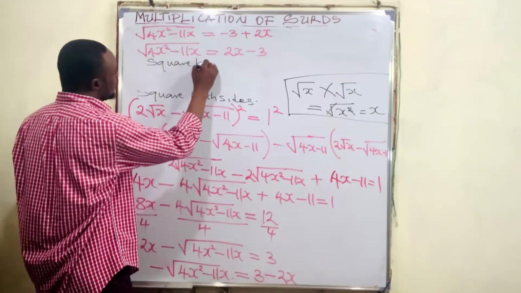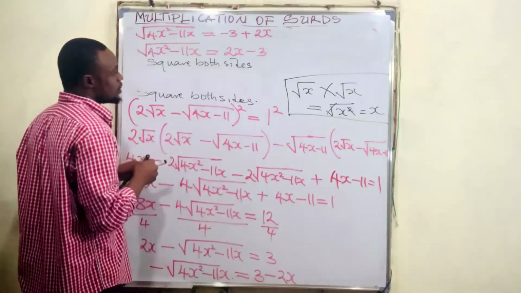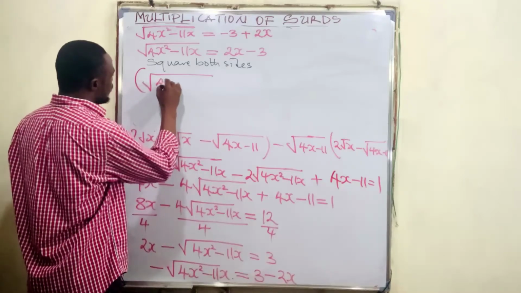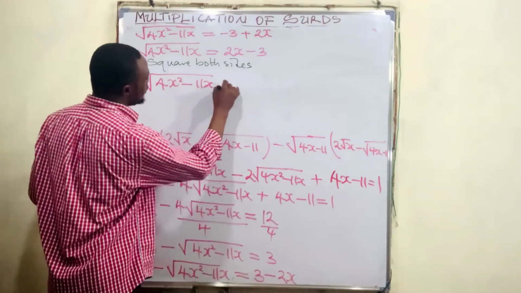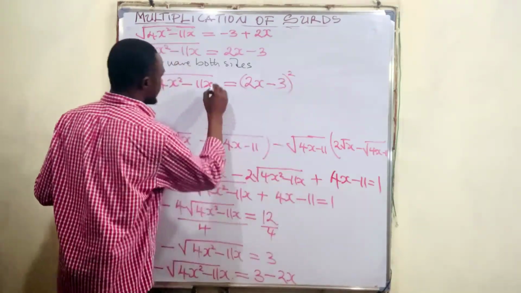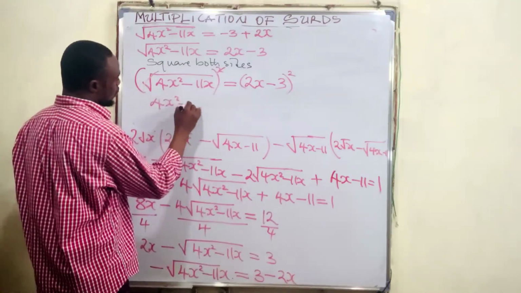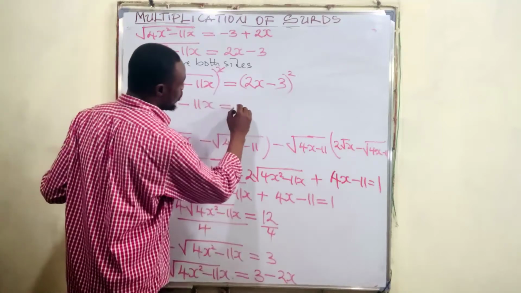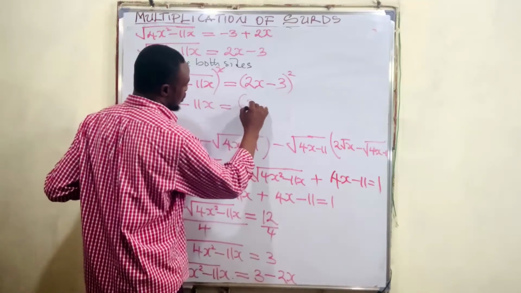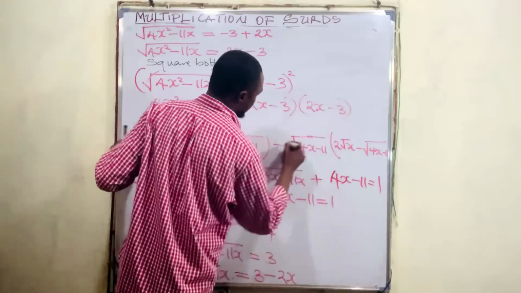At this point, we want to square both sides again. Square both sides. Finally. Square both sides, and we have open bracket 4x squared minus 11x to be equal to 2x minus 3, all in square. So this square cancels this square, and we have 4x squared minus 11x to be equal to 2 brackets, just like this, of 2x minus 3, multiplying 2x minus 3.